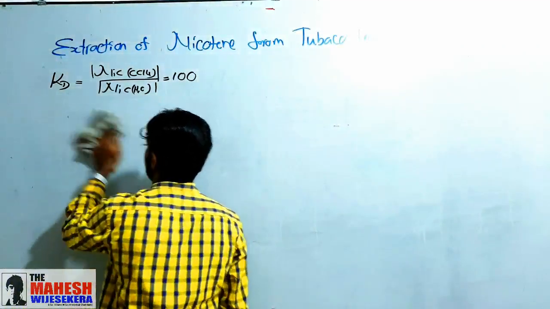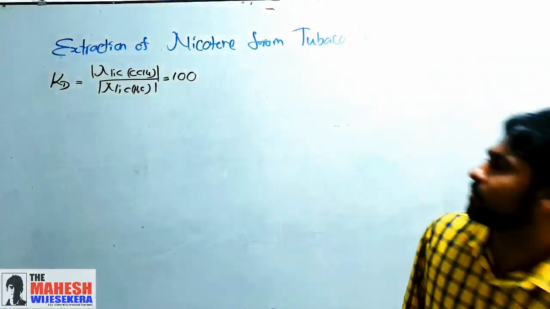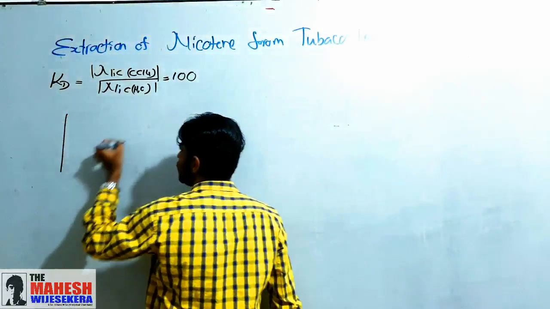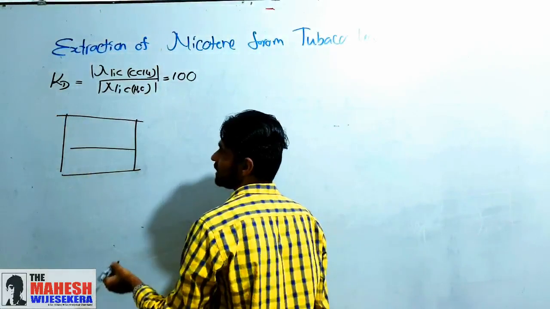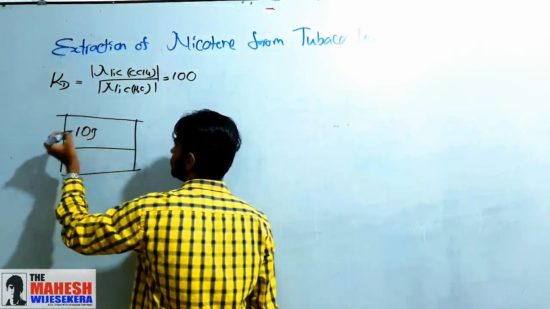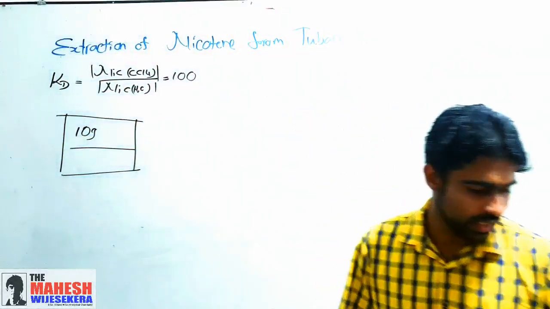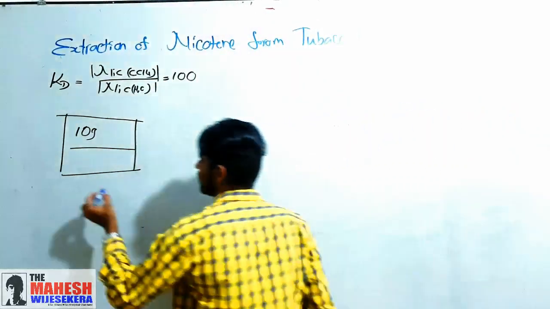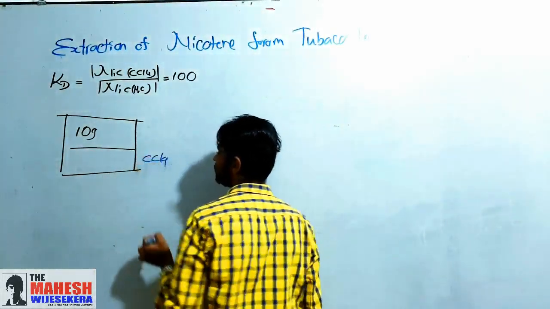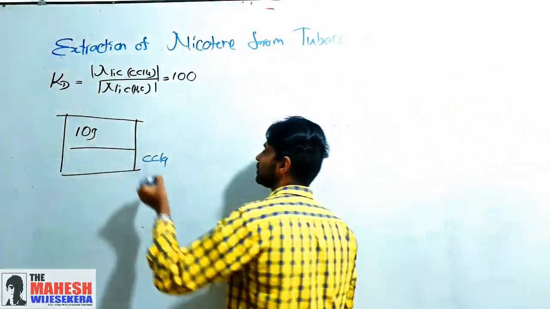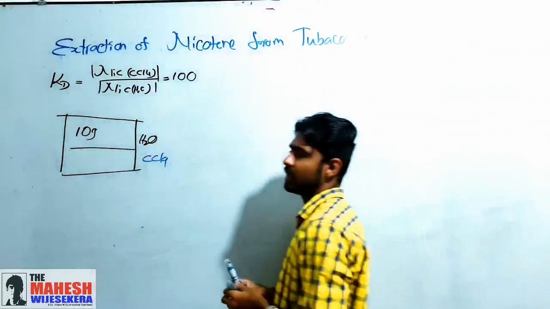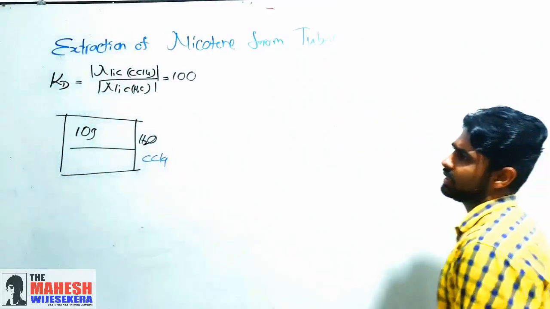Now, the first situation. You had 10 grams of nicotine in the aqueous layer, and CCl4 was added into this, and this is water.